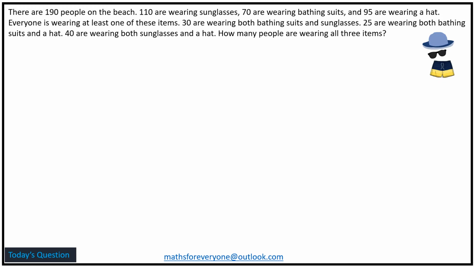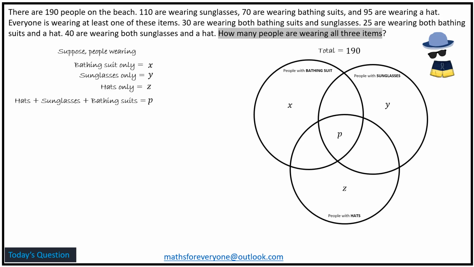So if we do that, we get something like this, where I've assumed the number of people wearing bathing suits only is X, the number of people wearing sunglasses only is Y, and the number of people wearing hats only is Z.